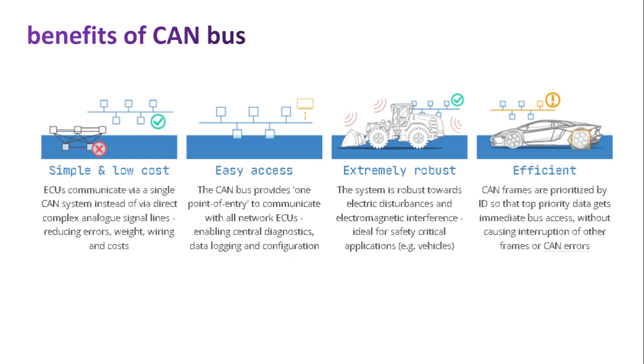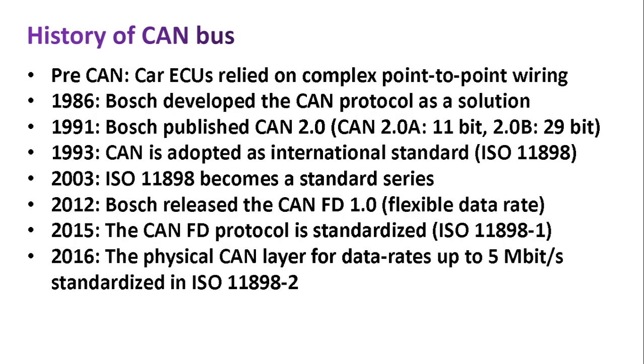So here different IDs are assigned to different ECUs so that when they pass the signal, it is accepted by exactly the same ID, right? So data gets immediate bus access without causing interruption of the other frames or CAN error. It reduces error also. Now in the next slide we will see the history of the CAN bus.